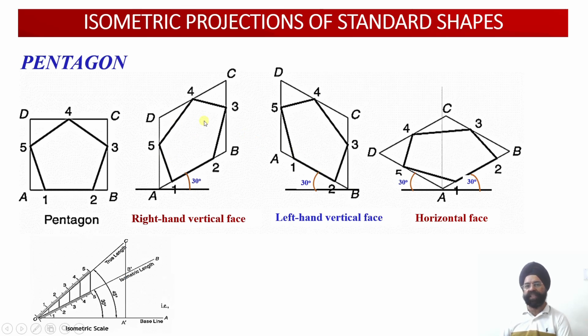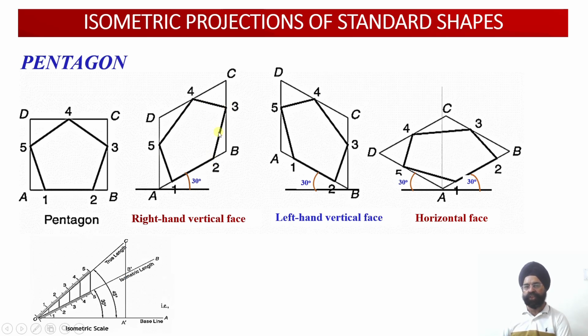So these 4 edges of the pentagon we call non-isometric lines, because they are inclined at a certain angle to your x-axis, y-axis or z-axis. So in this figure, there is only one isometric line. Other lines have been obtained by using the principles of the rectilinear transfer of distances.